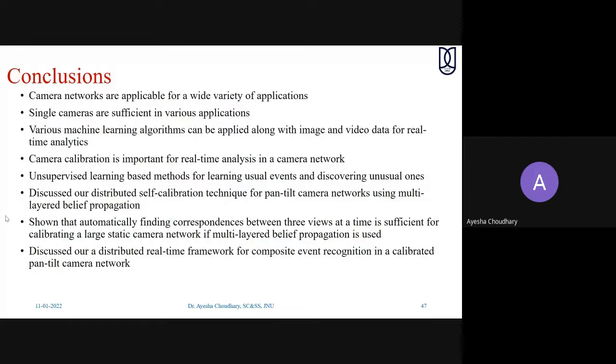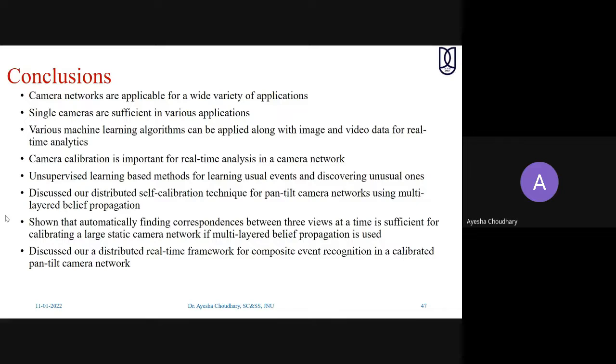So I would like to now conclude. As we saw, cameras themselves have a wide variety of applications. However, camera networks have an even wider variety, and various machine learning algorithms can be applied along with the image and video data.